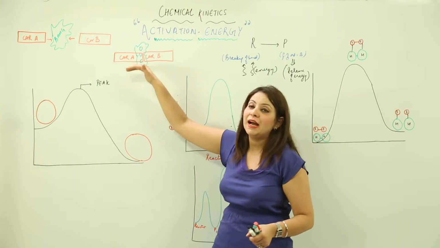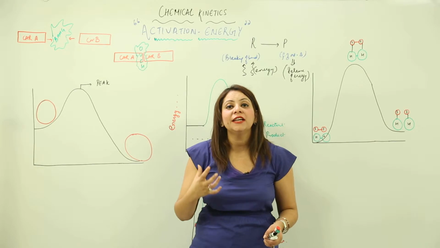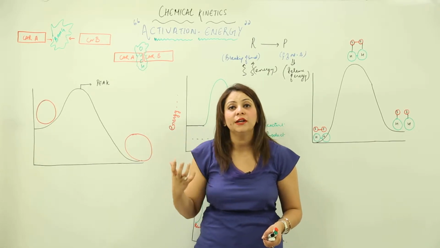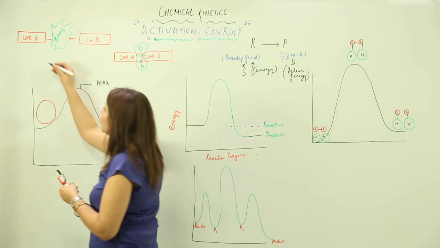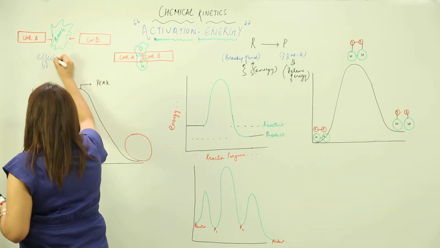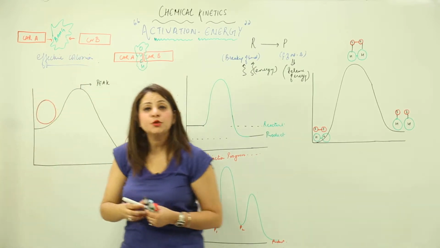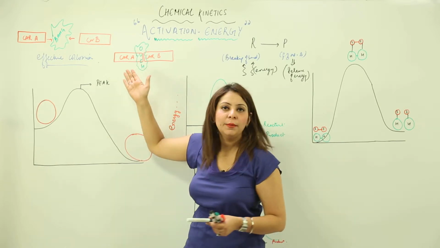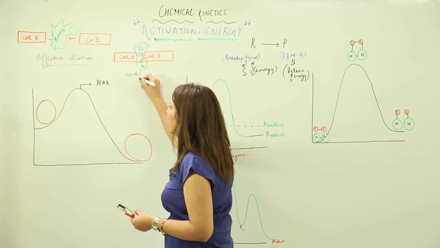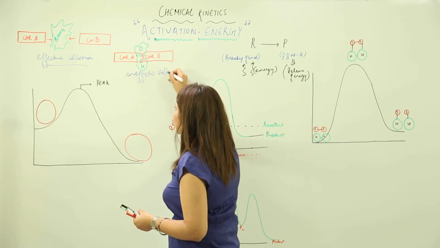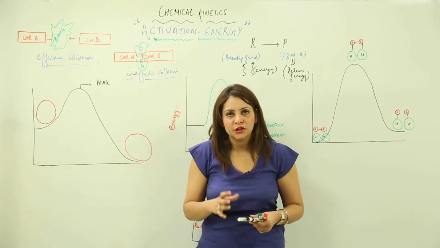But when we talk about car A and B, you can say they collide, but the breakage or the bang does not occur with a great force. So this is a kind of collision which is an effective collision. This is said to be an effective collision because it leads to the breakage, right? But when they were traveling at very low speed, this is something called an ineffective collision, because it does not lead to the breakage of many bonds.